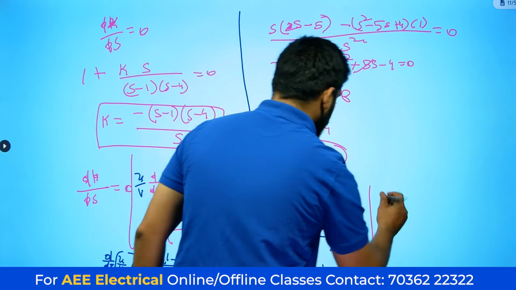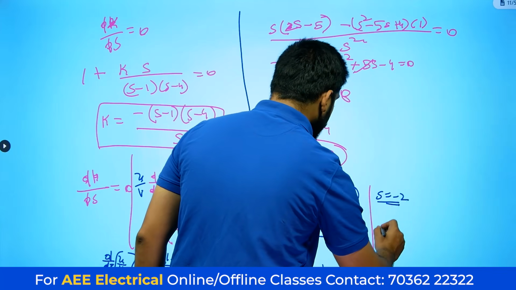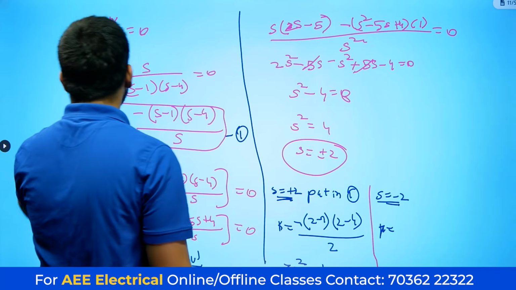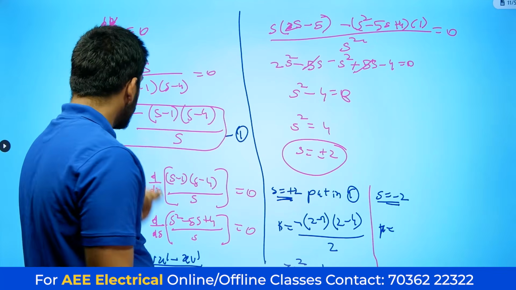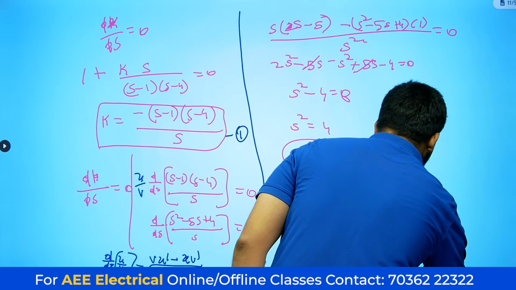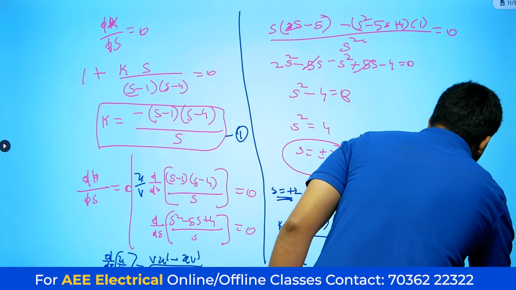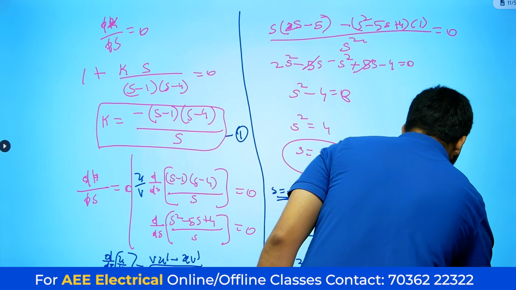Next, s is equal to minus 2. Putting minus 2 in equation 1, I get k equal to minus of (minus 2 minus 1) into (minus 2 minus 4), whole divided by minus 2.